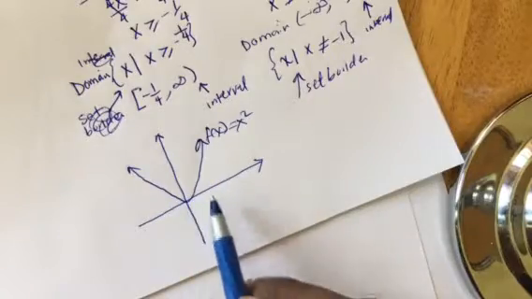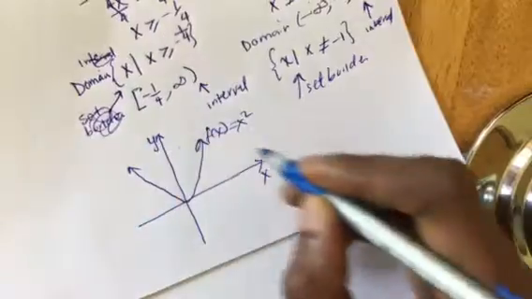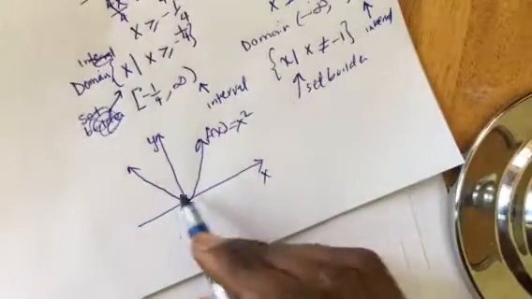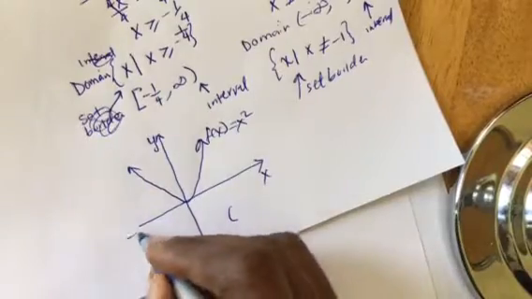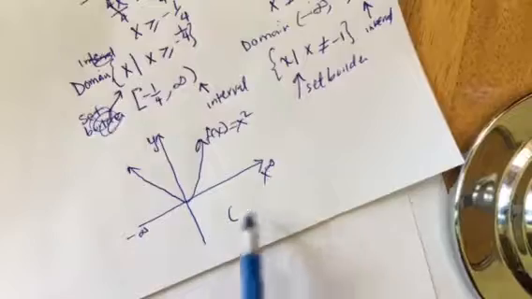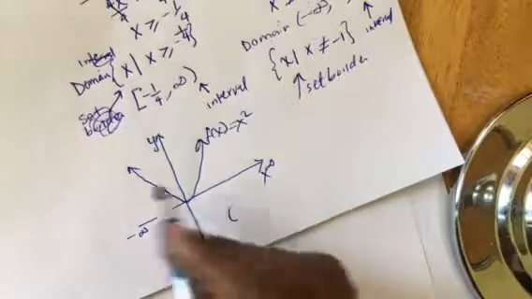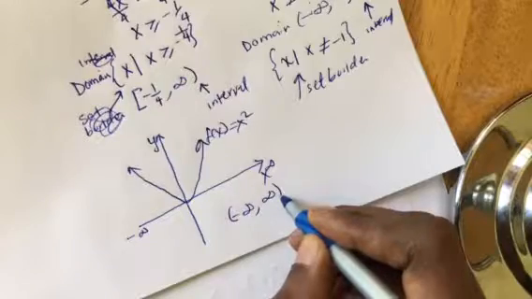And when you're asked to find the domain, all you care about is the x values. So this arrow just keeps going all the way to -infinity on the x side and all the way to +infinity on the x side here. So the domain would be from -infinity all the way to +infinity.